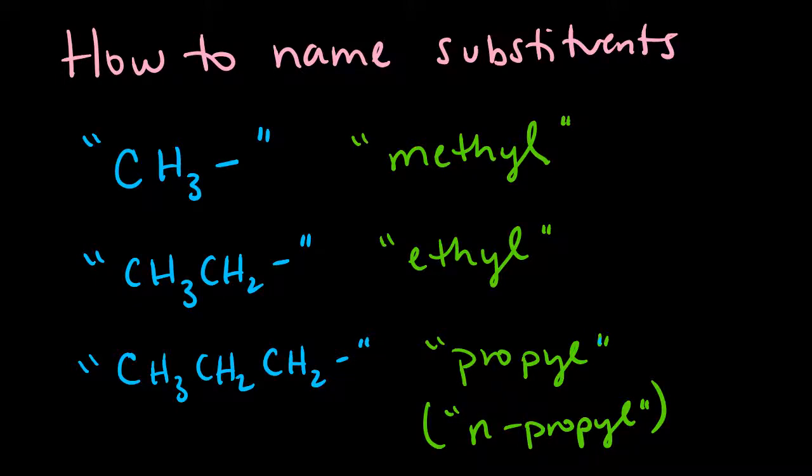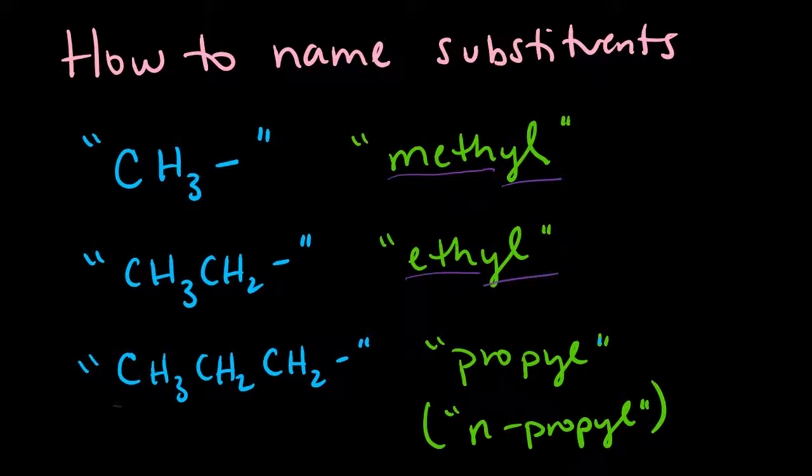If you haven't picked up on this already, I was using the terminology methyl and ethyl on the previous slide. Hopefully you notice a pattern that, just like for naming alkanes, if it's a 1 carbon piece, we use the prefix meth, 2 carbon piece eth, and so on. But instead of putting an ane ending like you would for an alkane, when it's a substituent, you put a yl ending on the end.